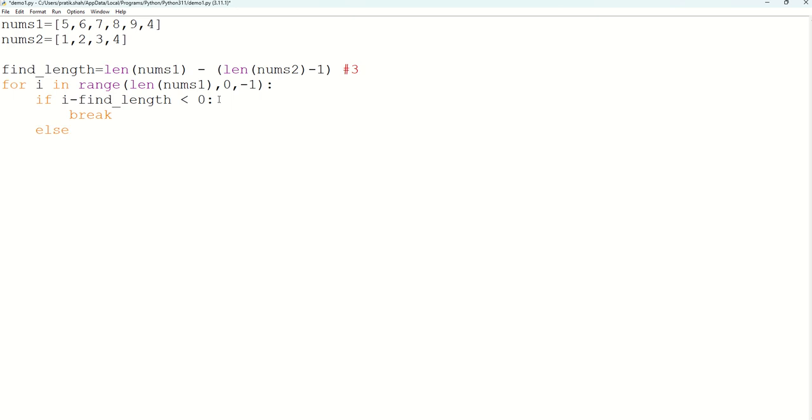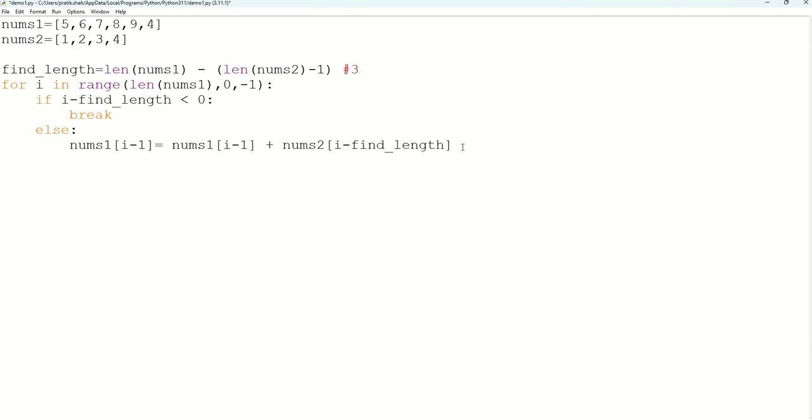But if the condition is false, then we will do nums1 of i, sorry, nums1, because we are modifying our answer in nums1 also. So i minus 1, then equal to sign, and again we will write the same thing, because at that same place we want to do the modification starting from the right hand side, and then plus sign and nums2 of i minus find_length as a variable.